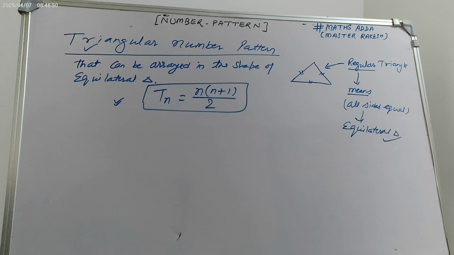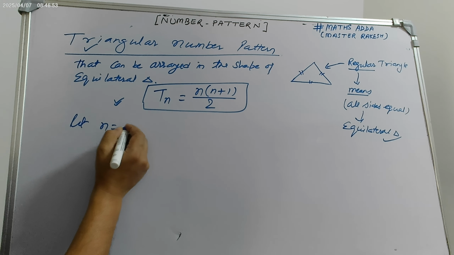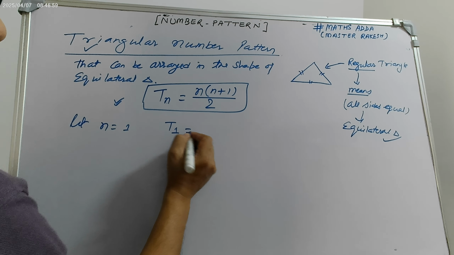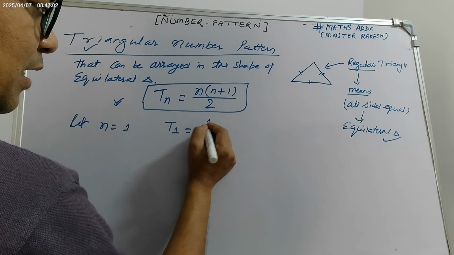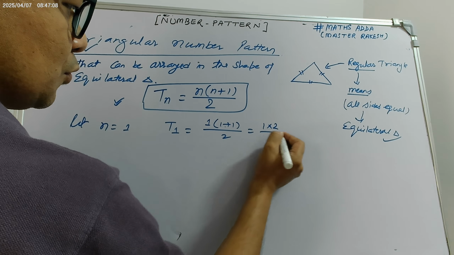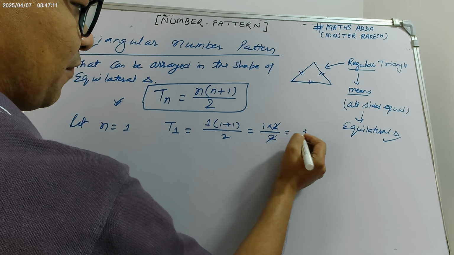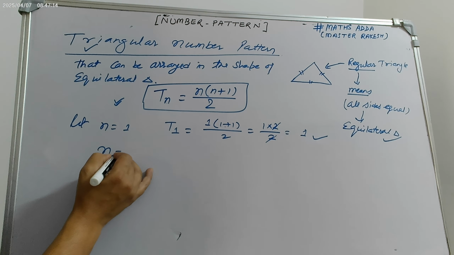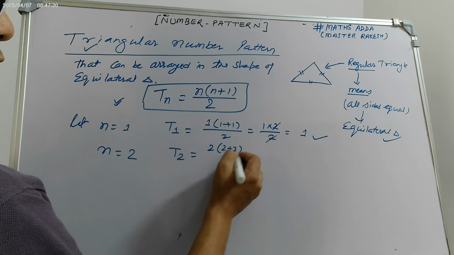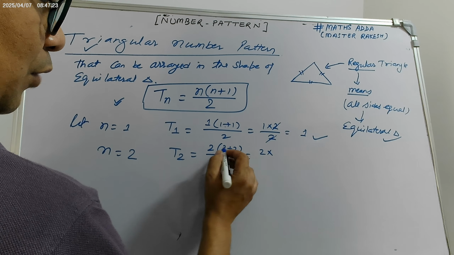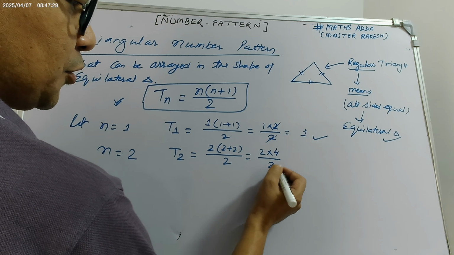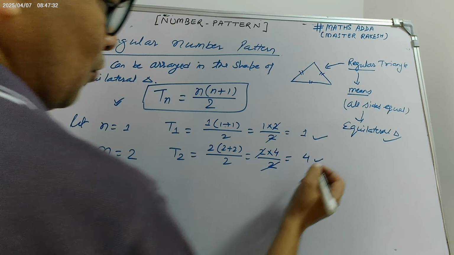If you put n equal to 1, wherever you see n, you put 1. T1 equals 1 into 1 plus 1 upon 2, that is 1 into 2 upon 2, the 2 cancels, so the first number is 1. Let n equal to 2, T2 equals 2 into 2 plus 1 upon 2, which is 2 into 3 upon 2, it becomes 3.